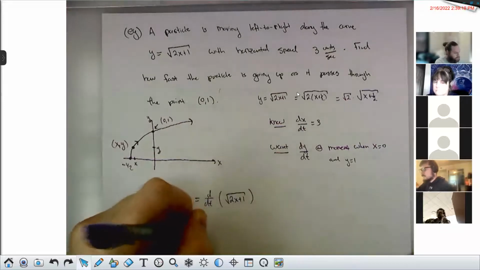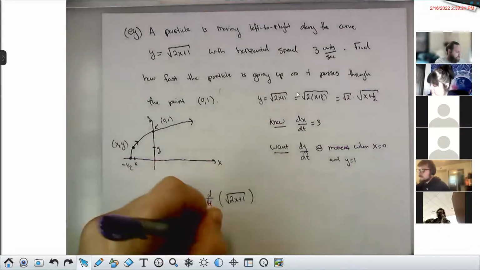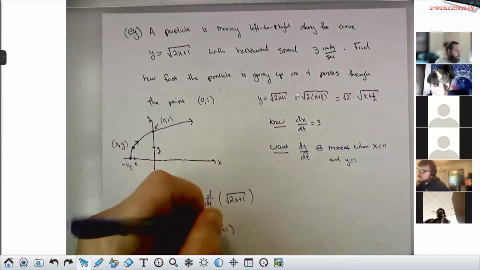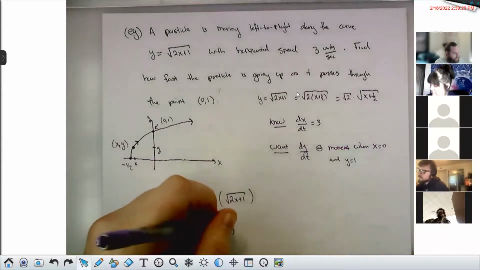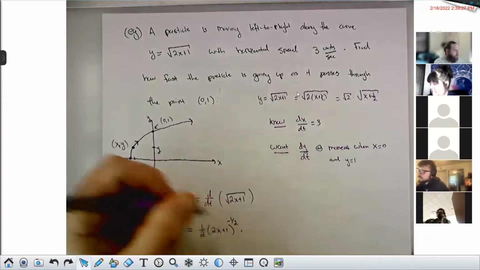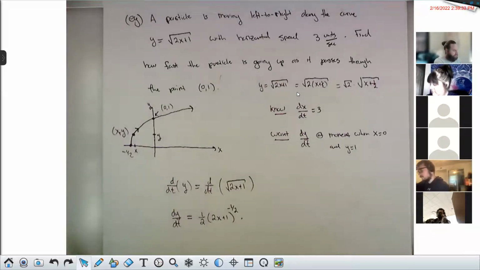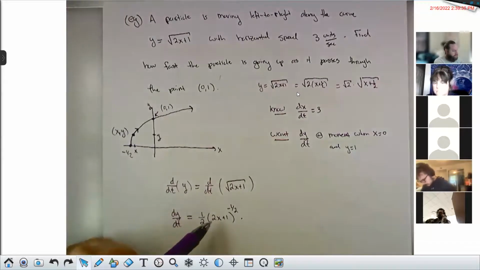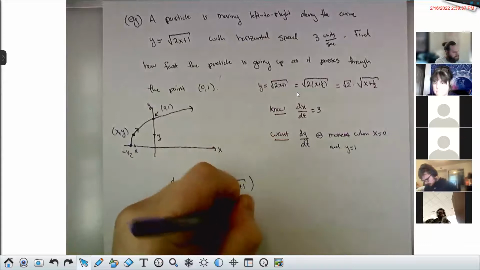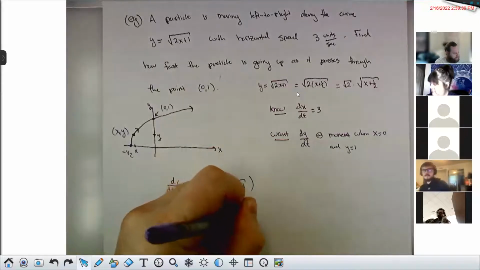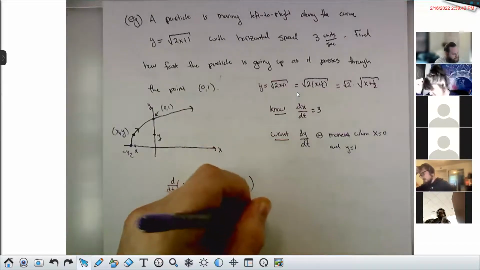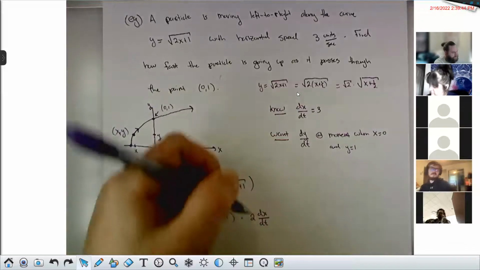So it's going to give us 1/2 times (2x + 1) to the 1/2 minus 1, which is negative 1/2, times the derivative of the inside. And remember, we're taking the derivative with respect to t. So that's going to be d/dt of 2x + 1. The 1 will differentiate to 0, and 2x will differentiate to 2 dx/dt.